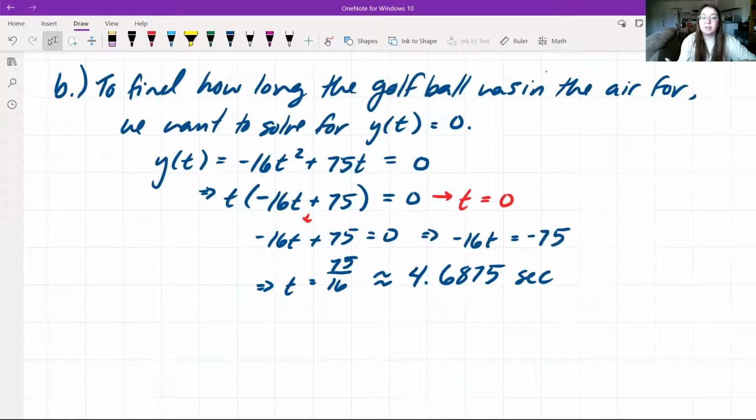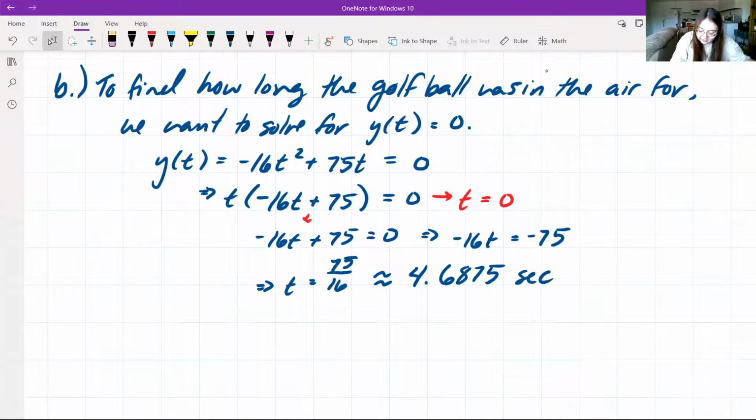So that gives us our value of t for when y of t was equal to 0. When y of t is equal to 0, this essentially means the times when the ball was touching the ground. The ball was on the ground at the initial point and then at the end. Solving for that value of t gives us how long it was not touching the ground.